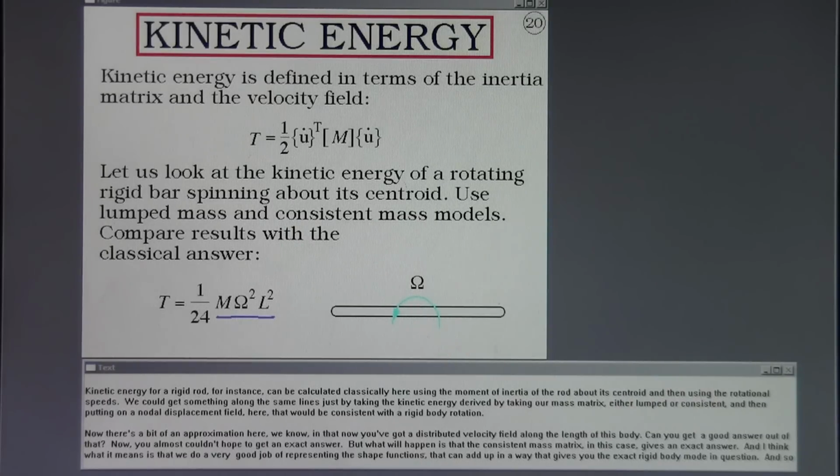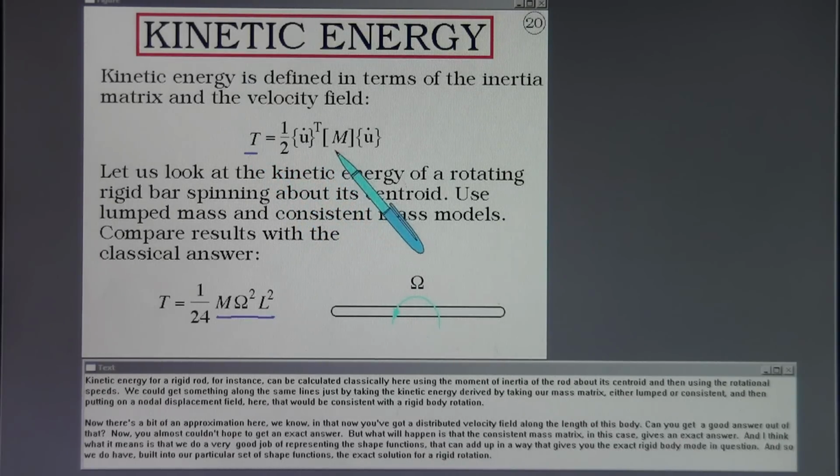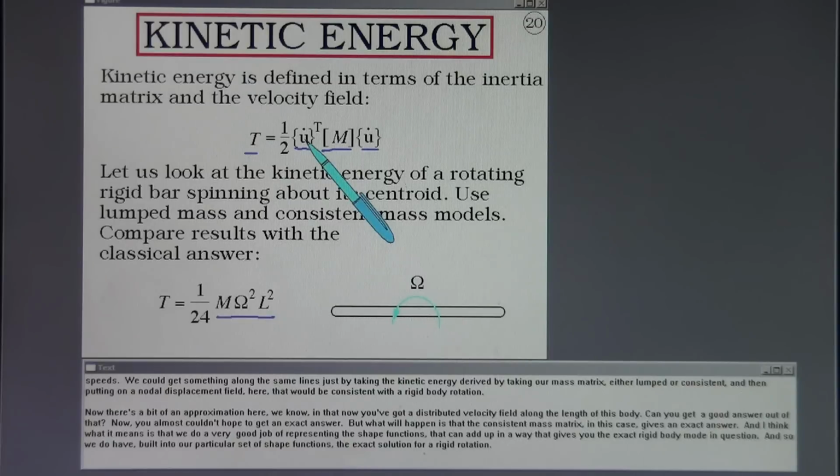We could get something along the same line just by taking the kinetic energy derived by taking our mass matrix, either lumped or consistent, and then putting on a nodal displacement field here that would be consistent with a rigid body rotation.